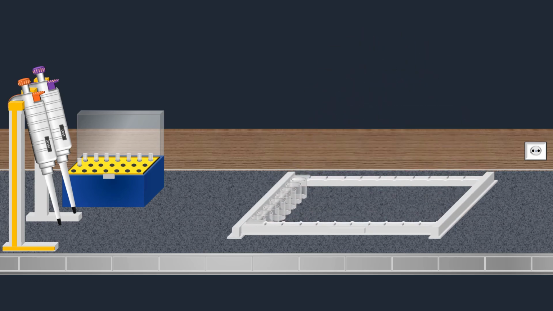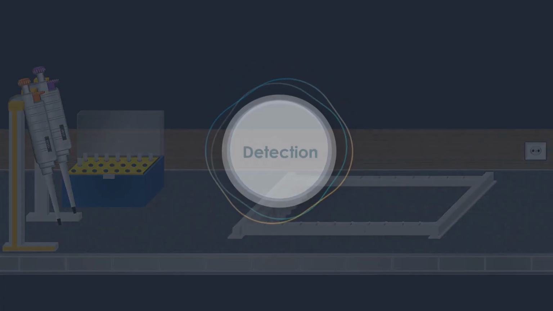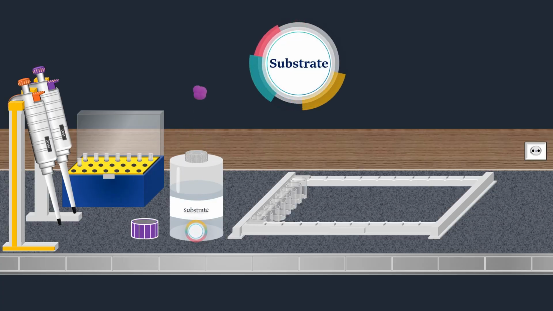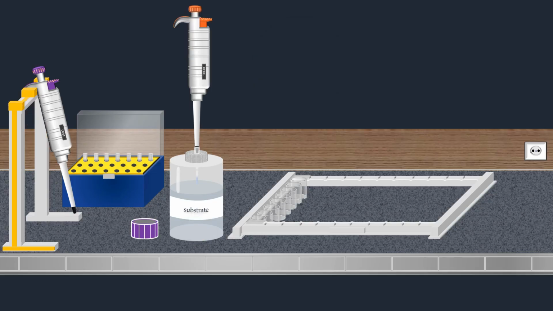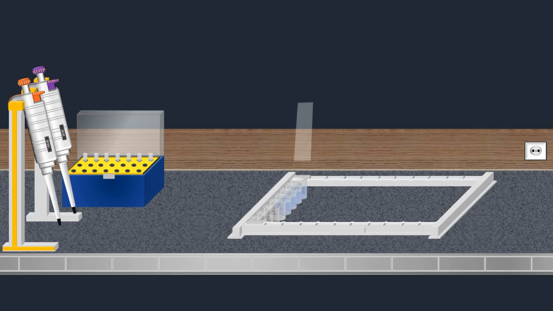After the final wash, the next critical step is the detection of the antibody-antigen complexes. This is achieved by using a substrate that initiates a reaction, resulting in a detectable signal. The substrate solution is carefully added to each well. Then the well strip is covered and incubated.